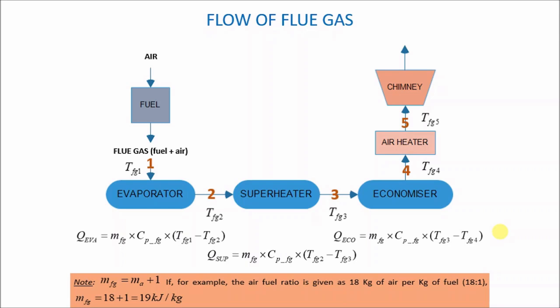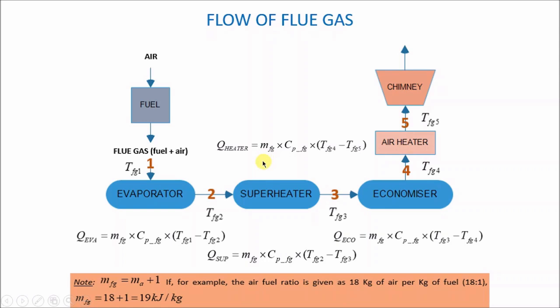But now, I am going to add two other equations, because in some of the questions, you do get asked to give the heat that has been absorbed by the air heater, and it is still a very similar equation to these three that I've just shown you, and this is what it is.